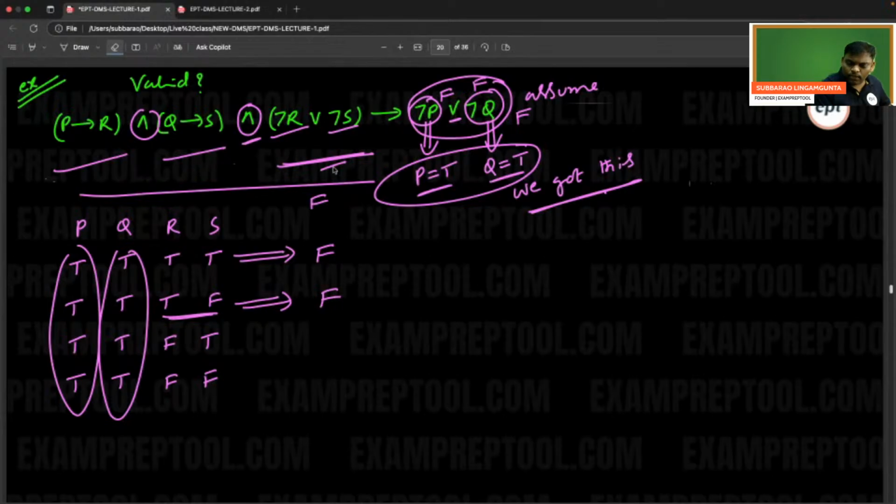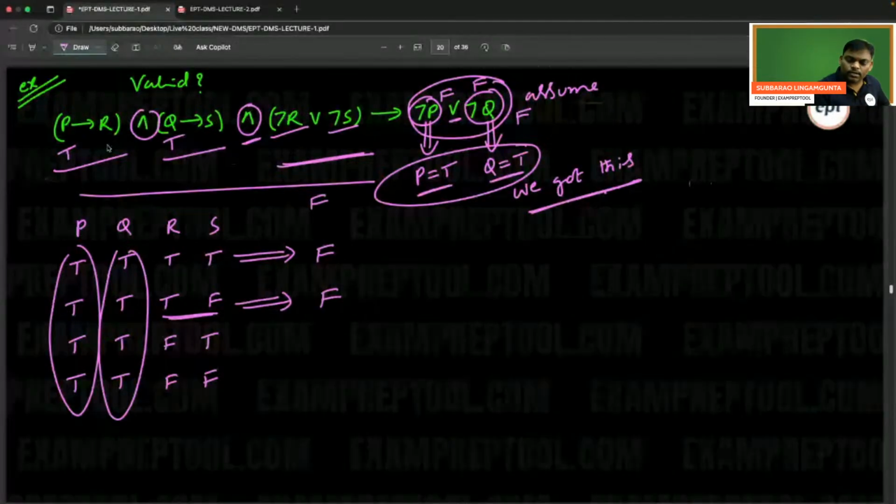Now the third possibility. P and Q no change, they are true. But if you see RS, FT: R is F, S is T. So negation R is true, negation S is false.